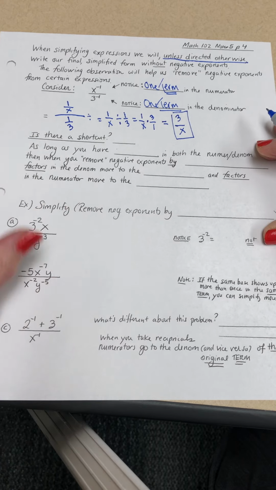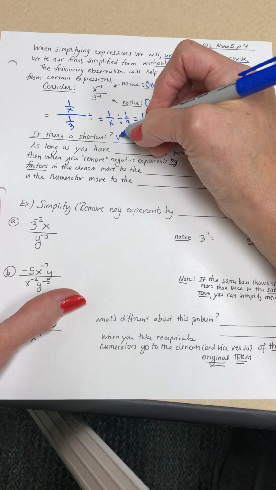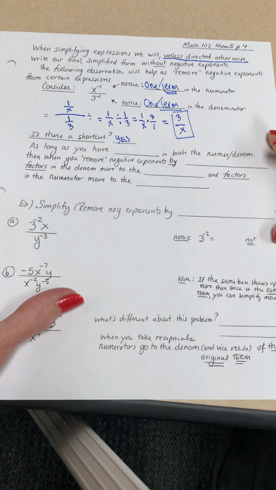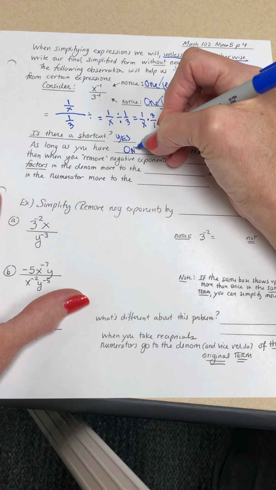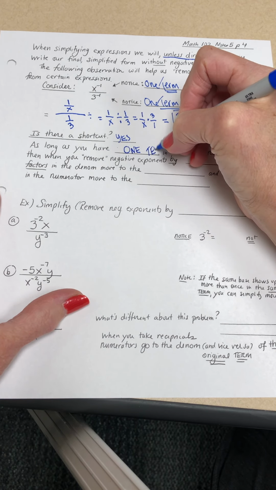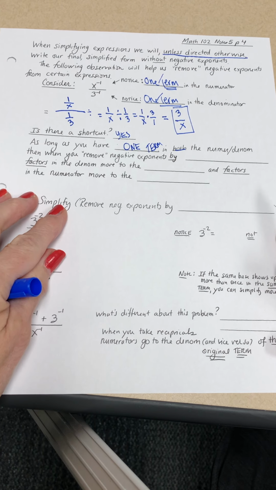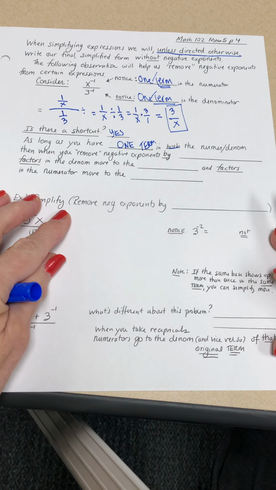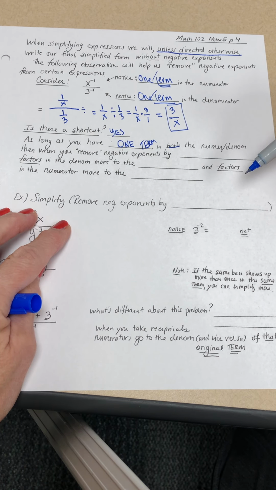Okay. So, do you see a potential shortcut? Yes, there is. But this shortcut only works if you have one term in both the numerator and denominator. If that happens, when you remove negative exponents, I don't mean just erase the negative.